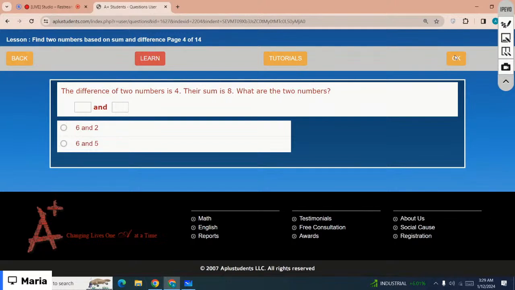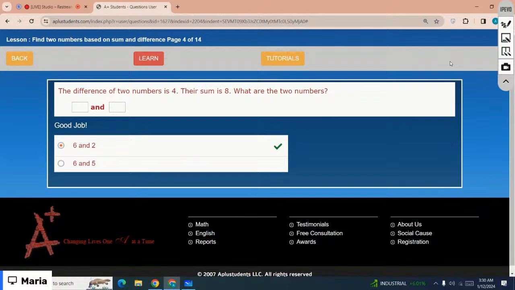Which option is the correct one? The correct option is option number 1, 6 and 2. When you subtract, the answer is 4, and when you add, the answer is 8. Option number 1 is the correct option.